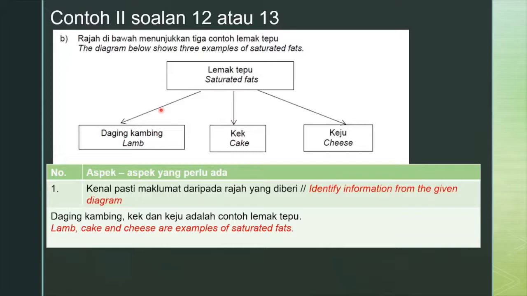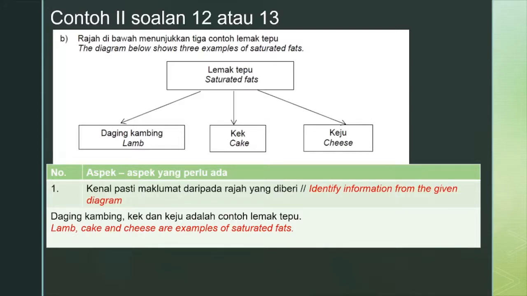So as we see the diagram, we can say that the lamb, cake and cheese are examples of saturated fats because in the diagram the saturated fats pointed to lamb, cake and cheese. So itu adalah aspek yang pertama.